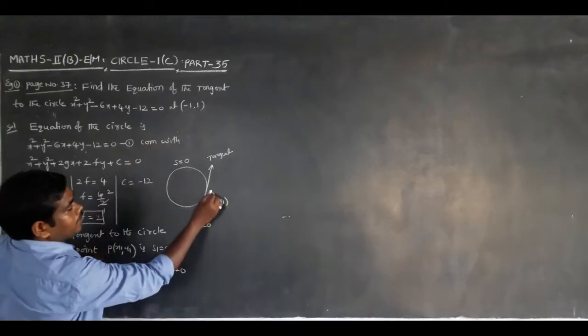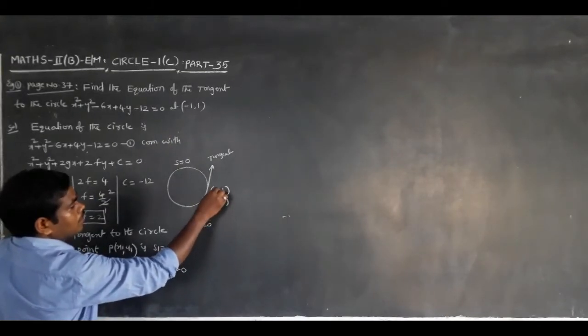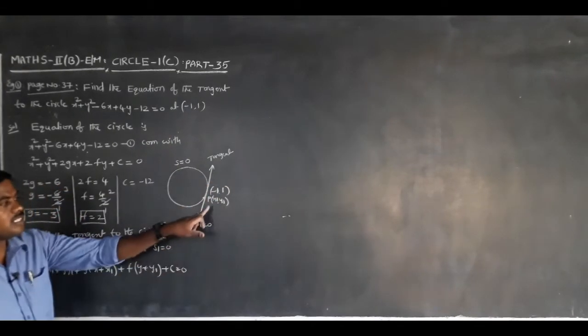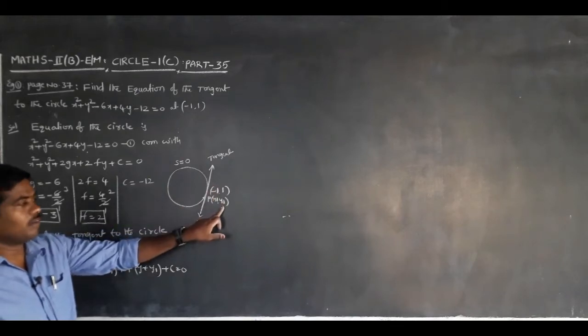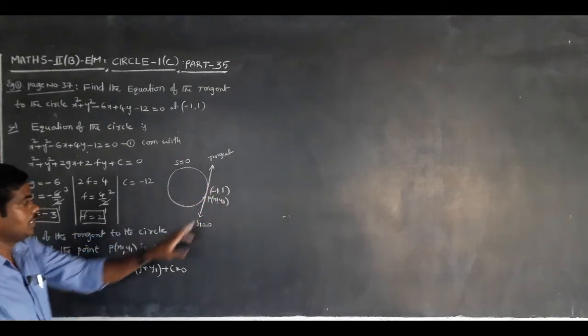Here the point is minus 1 comma 1, x1 is equal to minus 1, y1 is equal to 1.